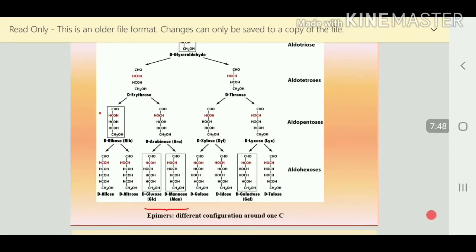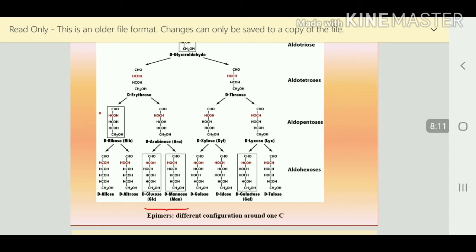if you notice the structure of D-glucose and D-mannose, carefully see the structure of D-glucose and D-mannose. Where is the difference? See, carbon atom number 5 configuration is the same, that is OH is towards the right in both these sugars, so these are D sugars.